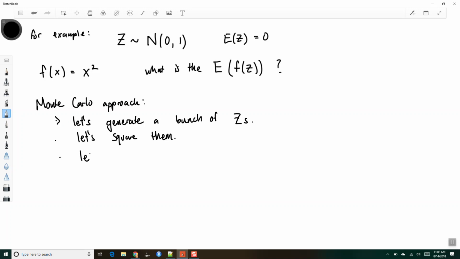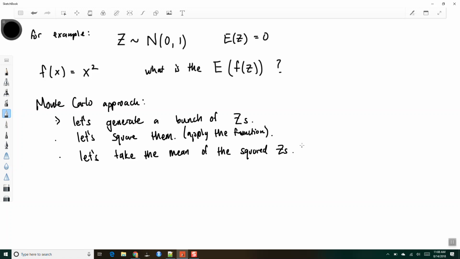Okay, and then let's take the mean of the squared z's, or apply the function, mean of the function applied to z.